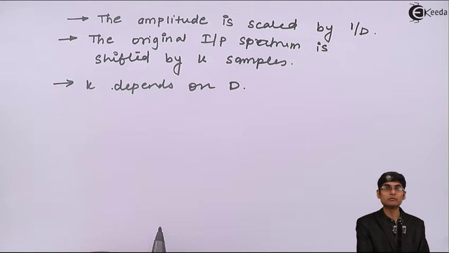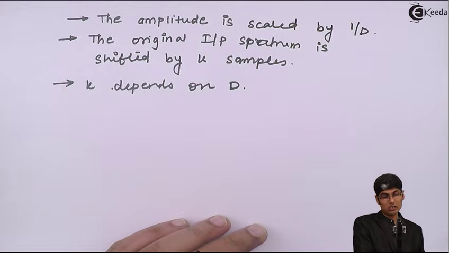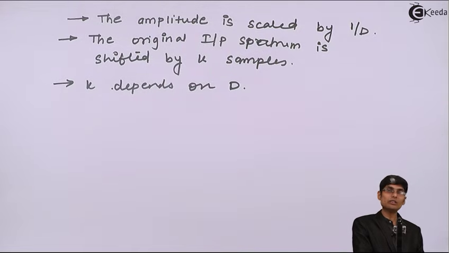What is d? D is the decimation factor. So all these things we can observe from the equation of a downsampler. This actually gives you the insight of what is actually happening mathematically in a downsampler.